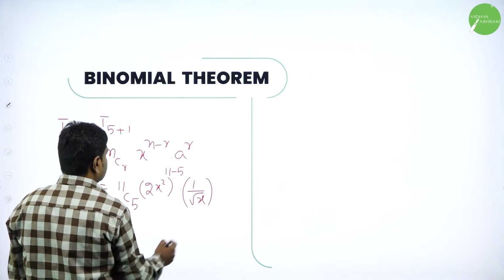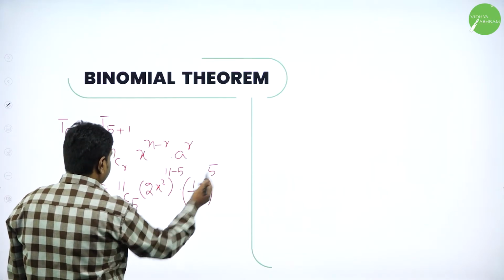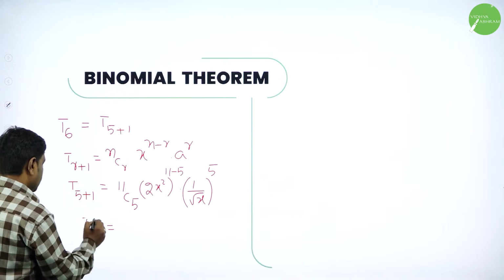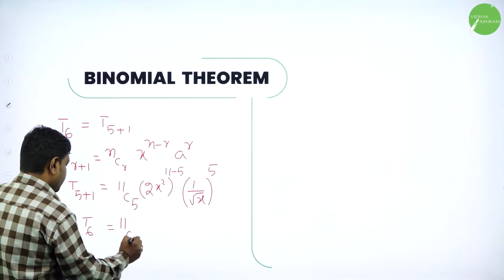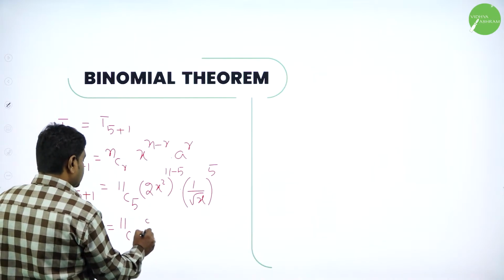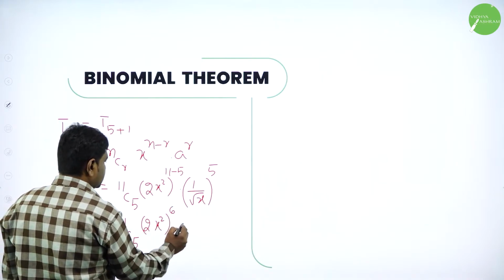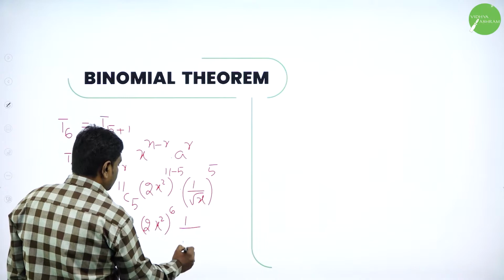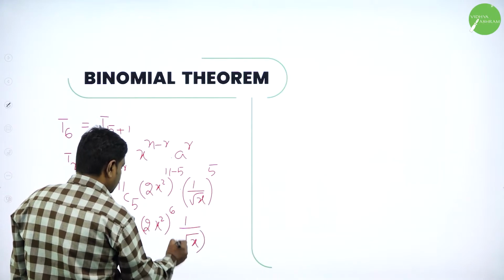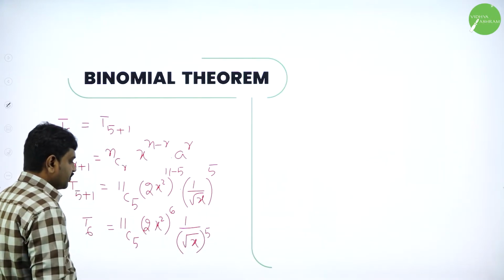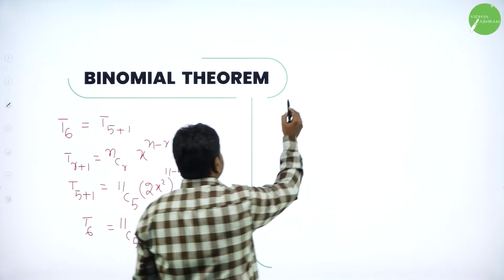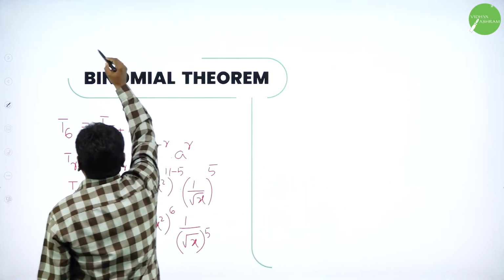What is r? R is 5. Simplify this, so it will become T6 is equal to 11C5, 2x square power 11 minus 5. 11 minus 5 gives you what? 6. 1 power 5 is 1 divided by root x power 5. Further, if you want, you can simplify this. So you'll have T6 is equal to, write it here.